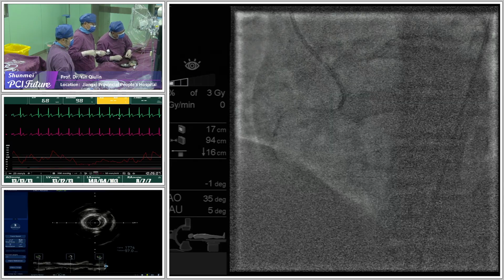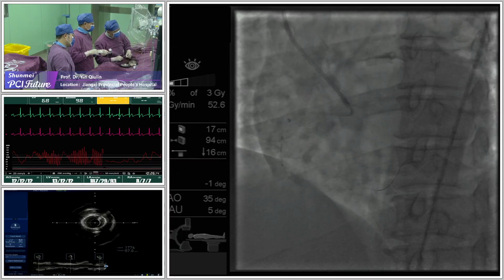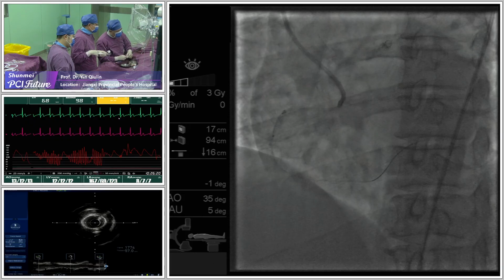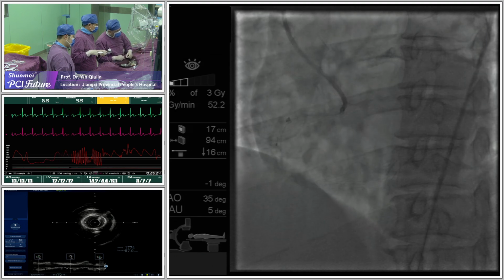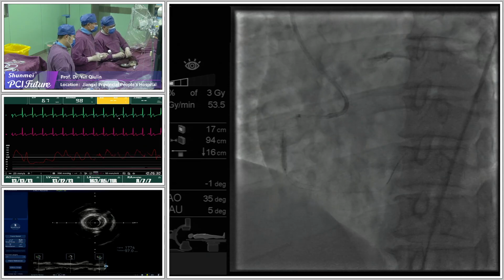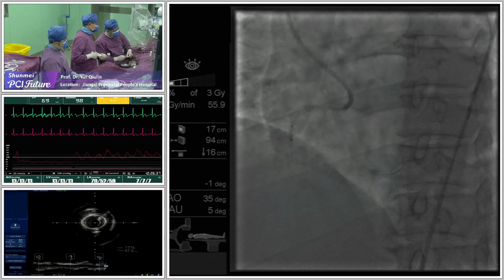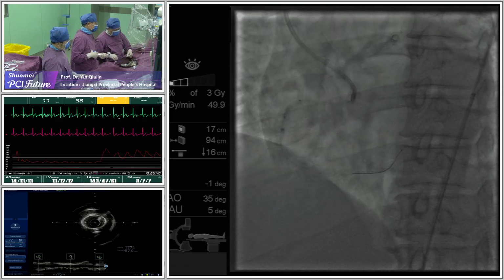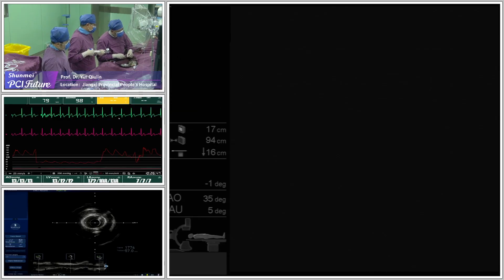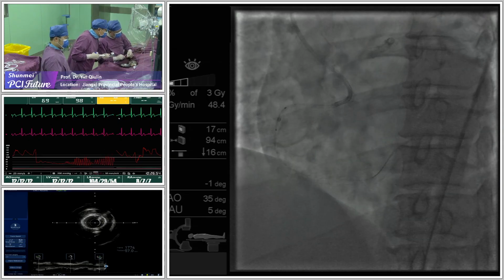So I think maybe retrograde result like this case.